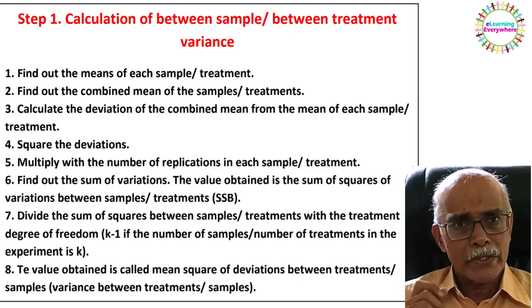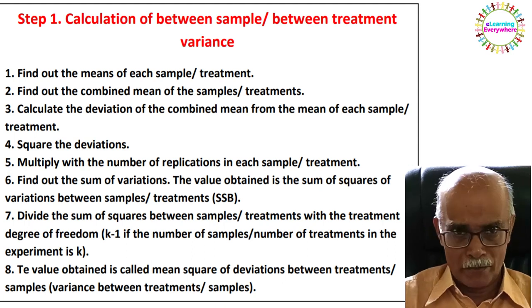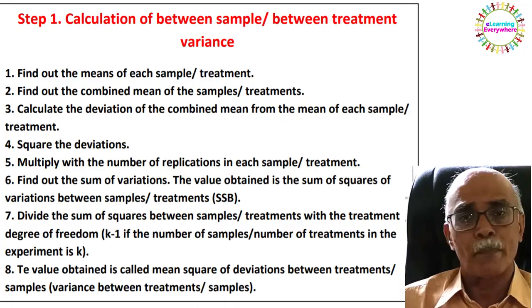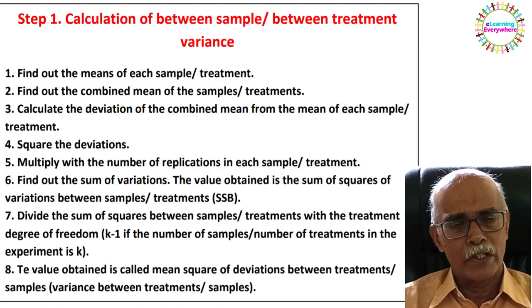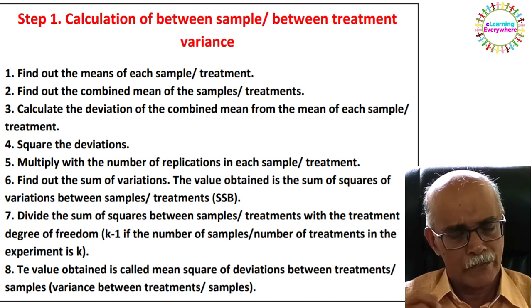And in each case, you will get x bar minus x double bar, that is, the mean minus the combined mean. You get a different value for each sample or each treatment.